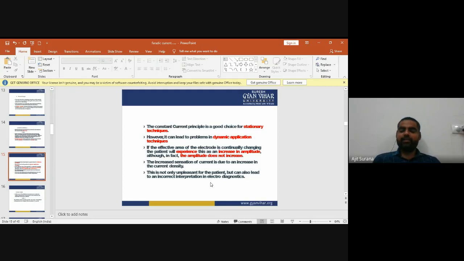The increased sensation of current is due to an increase in the current density. This is not only unpleasant for the patient but can also lead to an incorrect interpretation in electrodiagnostics.